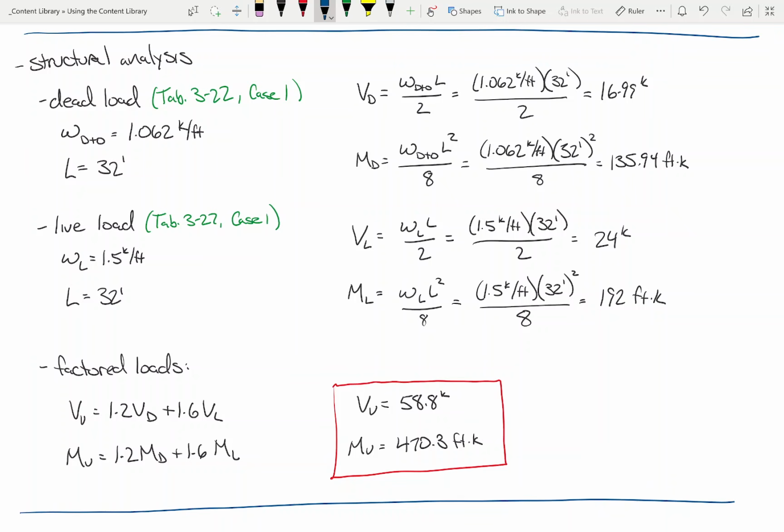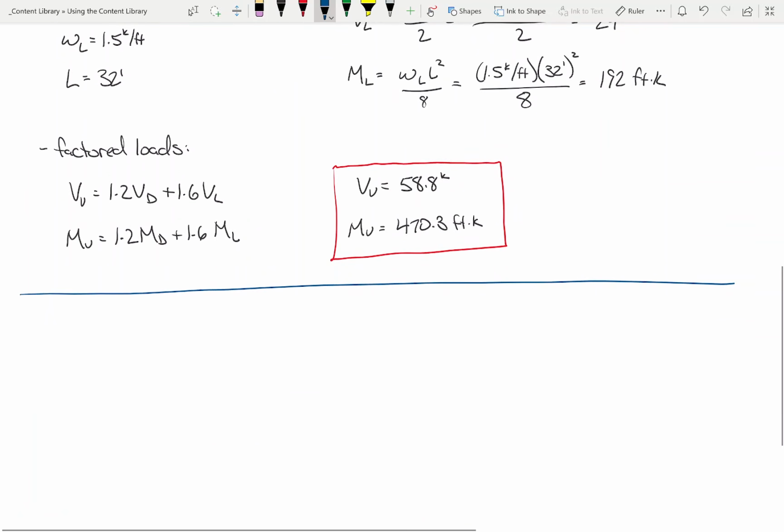What I'm saying is you would have to treat the dead load as WL squared over 8, and then treat the live load as a different case. That's why I'm really wanting to get you in the habit of treating these separately, okay? Does that make sense?